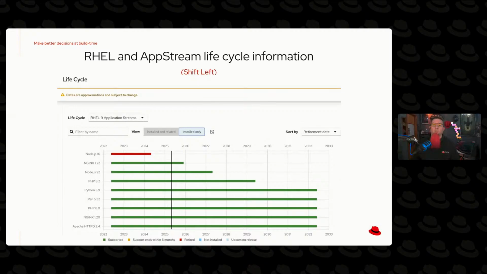Seeing that red bar there is a good indicator that it's time to update that and figure out what the next platform should be. And in this case, you can see Node.js 22 is also on this list, and that's got a couple years left on its support in this example. So this is just another way to try to make it easier for you to identify this stuff before it bites you later.